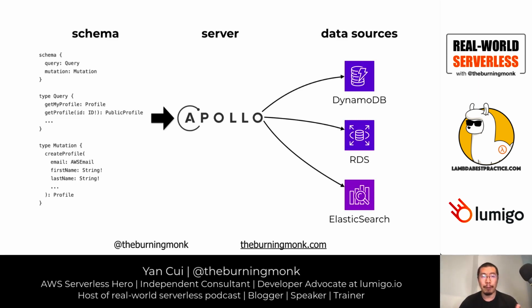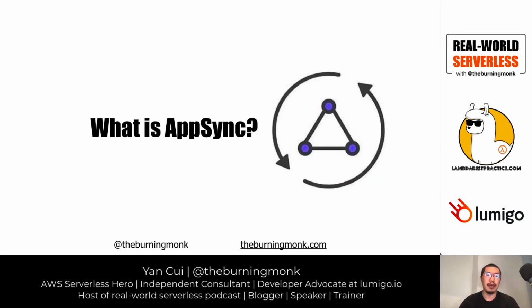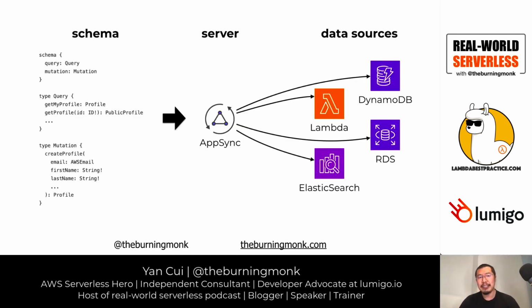So think of it as your backend for frontend, except you don't have to write bespoke endpoints every single time the client wants another piece of data or wants it in a slightly different shape. And as for AWS AppSync, it's basically a managed GraphQL server which lets you map those query and mutation operations as well as the data types that you have in your schema to different data sources in your AWS account.